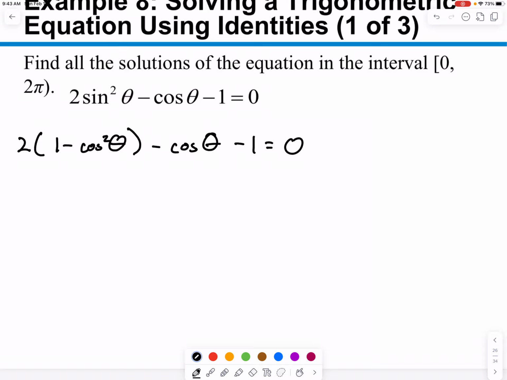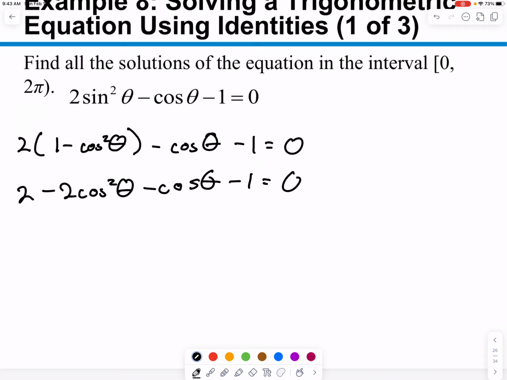Let's expand this out and see what happens. I also have this urge to multiply both sides by -1, but let me expand it first. So we'll get 2 minus 2 cosine squared theta minus cosine theta minus 1 equals 0.